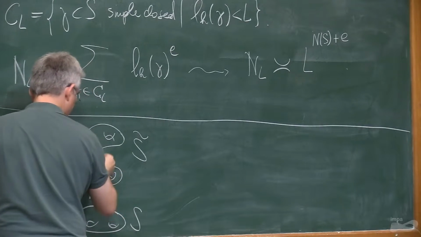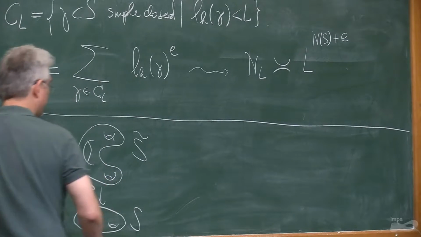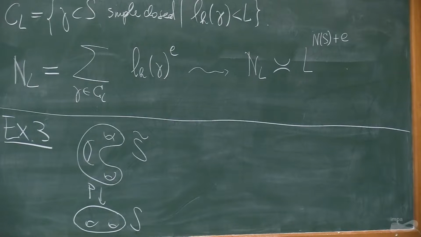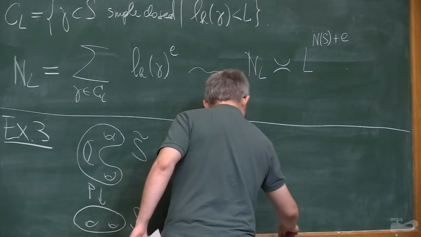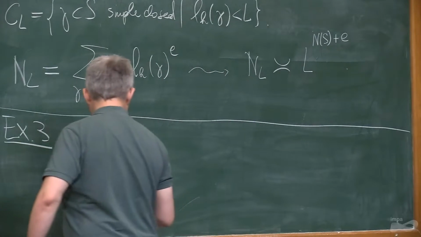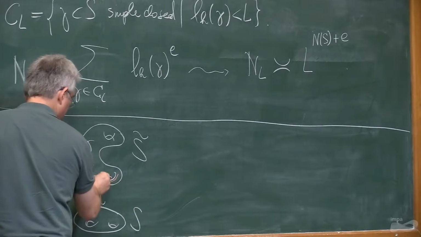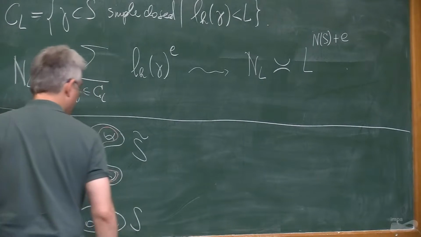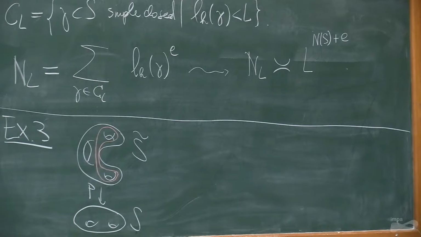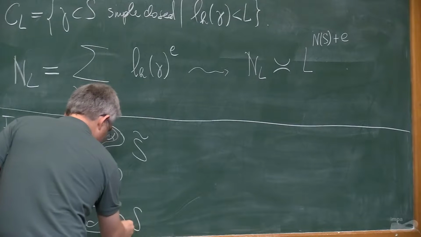Now I've drawn a kind of prototype of a 2-to-1 cover. And now suppose you have a closed curve upstairs, something like this. And you push it down. What you get, in general, is something which is not simple. In this case, you get something like this.